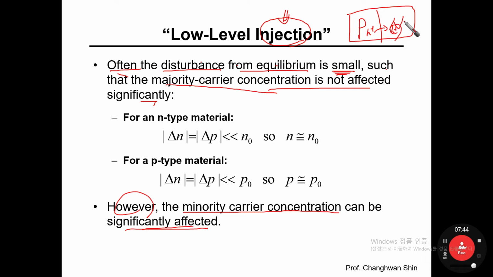From the perspective of the N-type material, the hole is now injected into its material. In this N-type material, the majority carrier is electron, as we have learned. If the doping concentration for this N-type material is 10 to the 18, then the total electron concentration is 10 to the 18. That is equal to N naught.